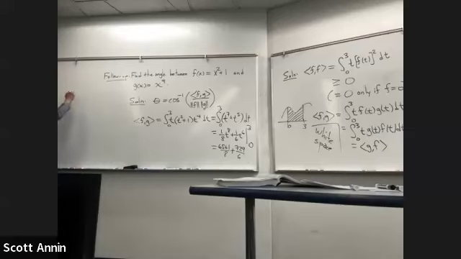Let's do the norm of f. Does anybody remember the formula for the norm of a vector? Square root of the inner product of f with f, exactly. So we just take the square root of that.